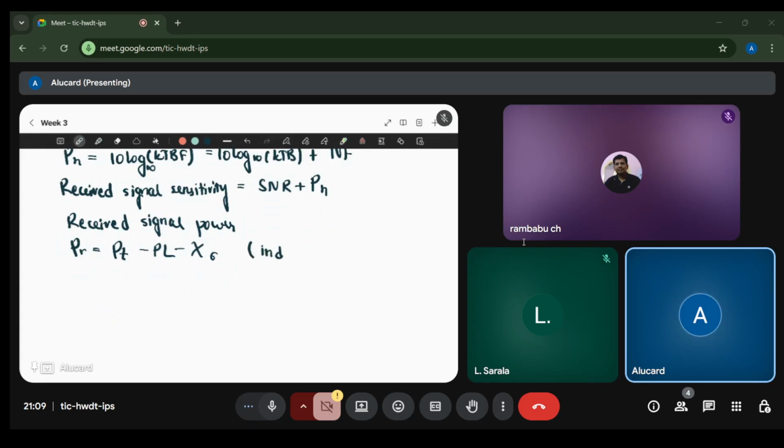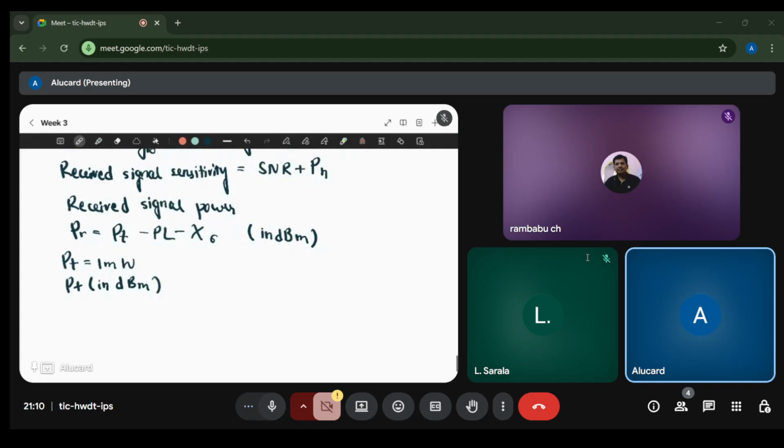These are all in dB. So PT is 1 milliwatt. That's the maximum. So we take it in dBm. Then you'll get P received, also in dBm, is 0, since 10 log 1 is 0.